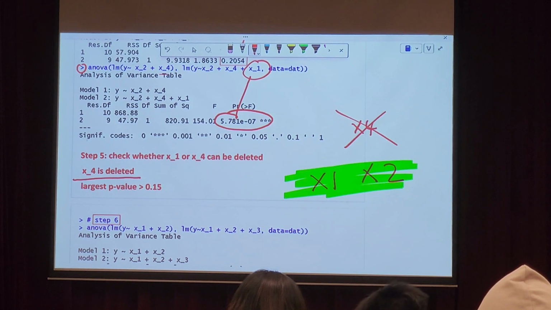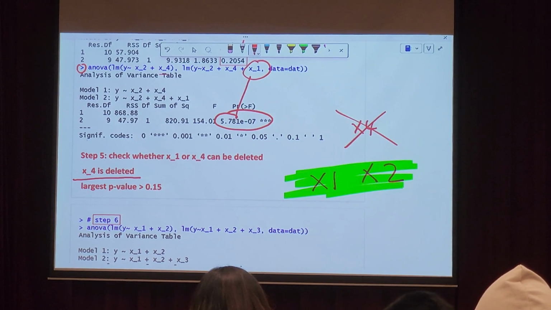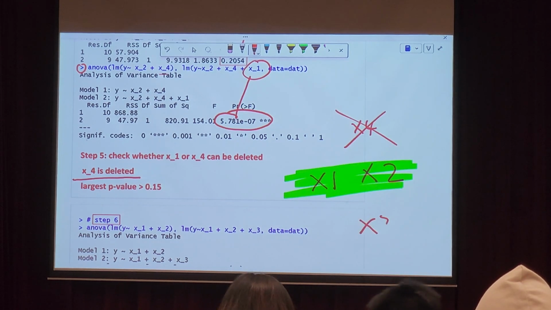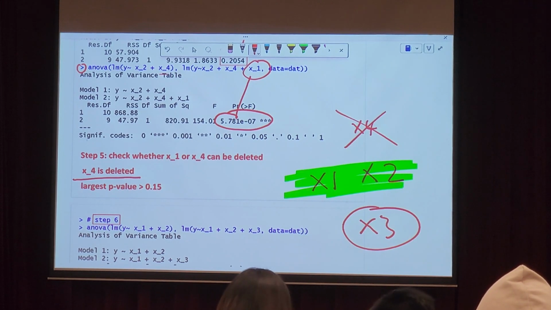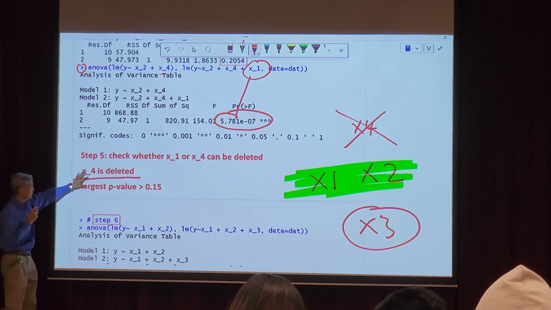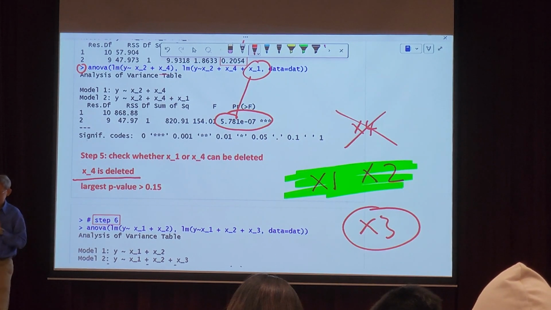So what's the next step? The next step is to consider more variables to come in. Now we don't have to consider x4 because you just kicked out x4, right? You can consider it if you want to. But now we will check whether x3 should be in or not. So this is a forward again. After we did the backward here, we do forward again.